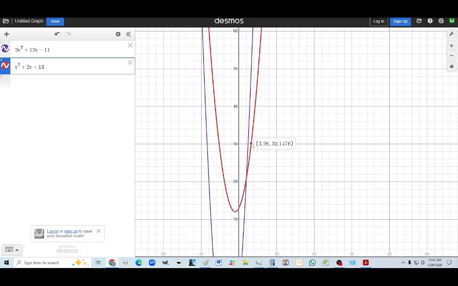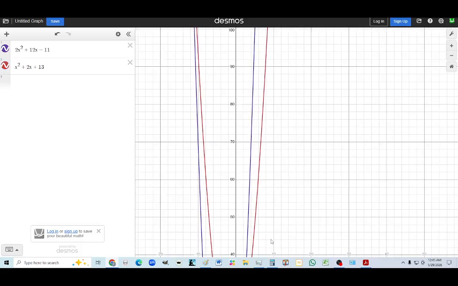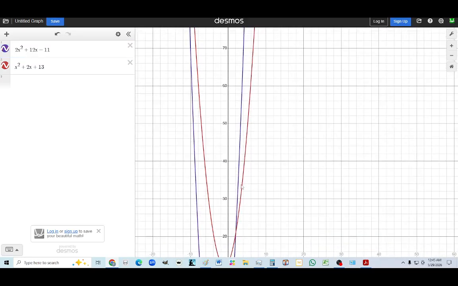It's 30.14. But when we go to the same value in the purple graph, we can see the y value is much higher, which means since the y value is higher, the graph is higher. So purple is higher than red from this point forever on to the right.